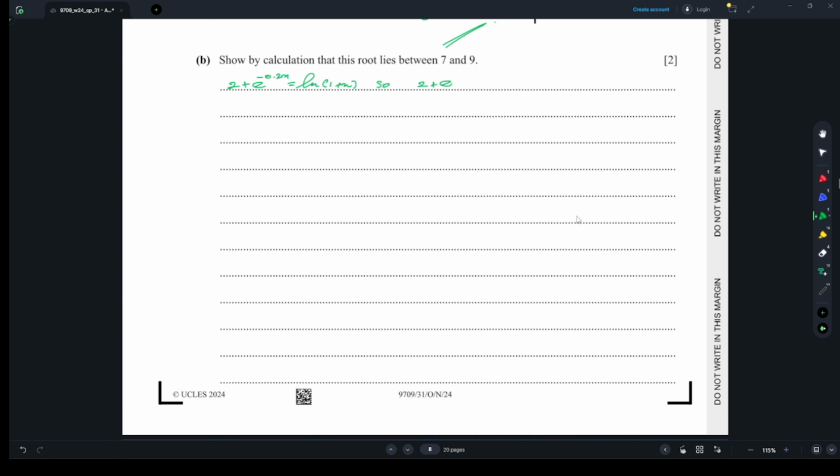So 2 plus e to the power minus 0.2x minus ln 1 plus x equals 0. So then let's take f(x) equals to that, which is 2 plus e to the power minus 0.2x minus ln 1 plus x.